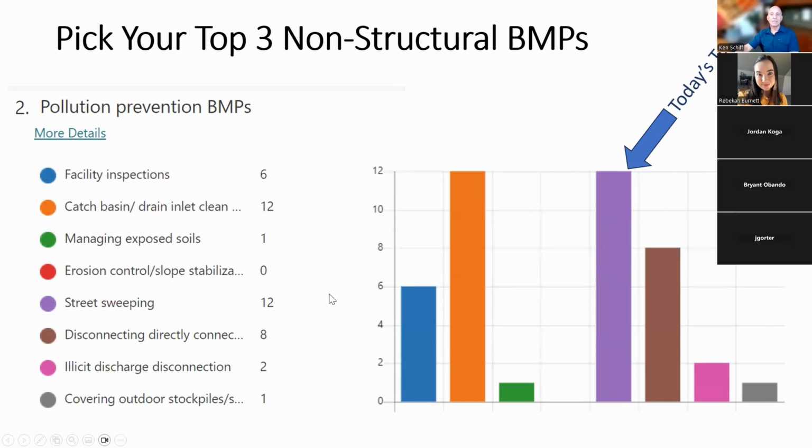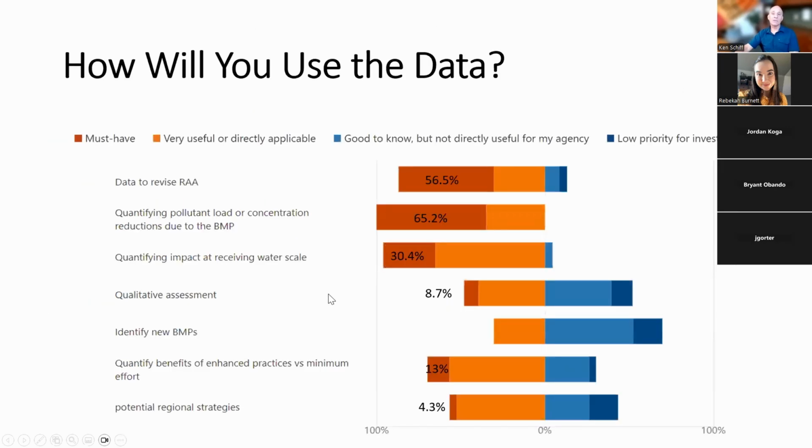So anyways, I'm assuming that a lot of you will also relate to this type of data, which is, okay, once you have information on how well a non-structural BMP works, how effective is it at reducing loads? How are you going to use it? And you can see, at least in Southern California, they're going to use it to support things like their watershed management plans, their watershed models, factoring them into their total maximum daily loads in terms of pollutant removal.